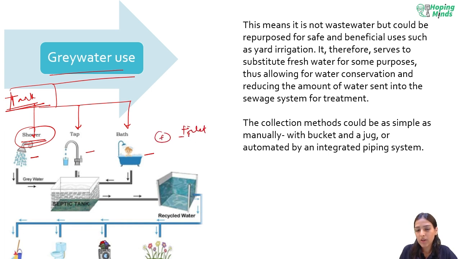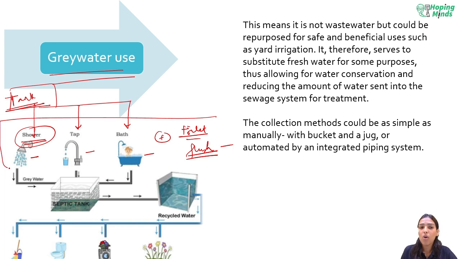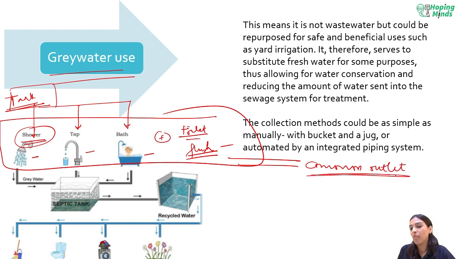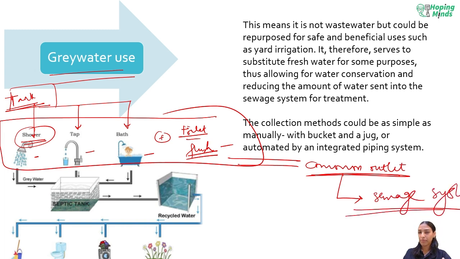When you flush, that water also goes into the drain, and most often all this water has a common outlet and goes through the same sewage system. This is what usually happens.